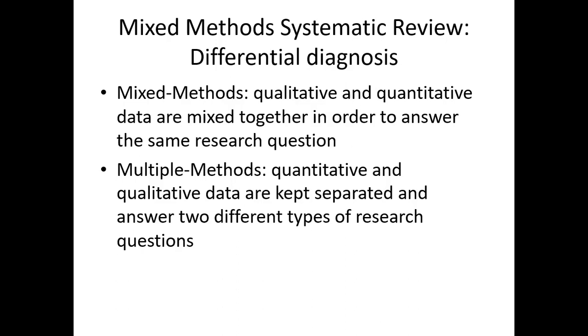But multiple method is not mixed method. Qualitative and quantitative data are kept separate and they answer two different types of research questions. So please don't substitute mixed method with multiple method.